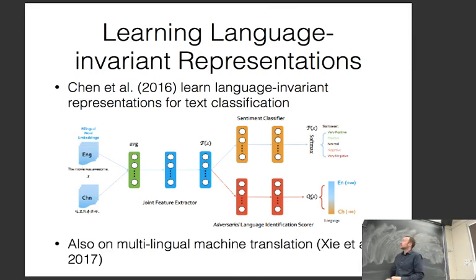This is a plug for my own paper. It also works on machine translation. So if you want to train a machine translation model with multiple languages as input, it works to have an adversarial objective that tries to prevent the representations from being different in both languages.